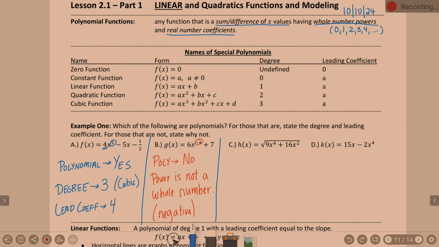I mean, square root, I guess, can be like dividing. Is this the sum and difference of x values? Yes. Sum and difference of x values, but what's the catch? Square root. They're under a square root, yes?